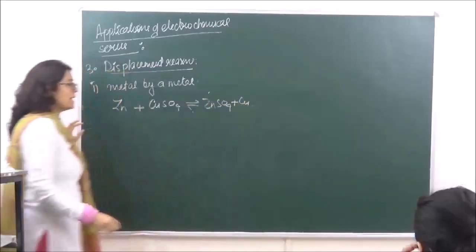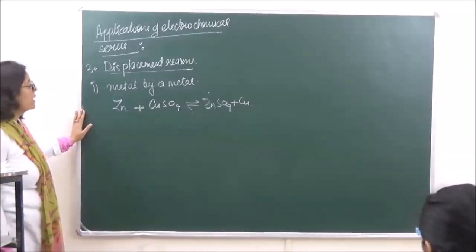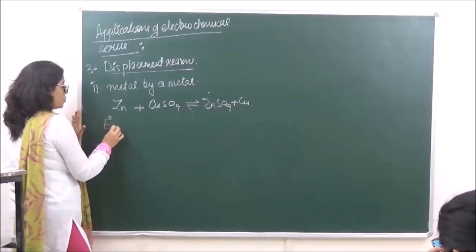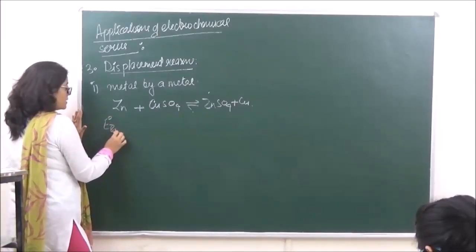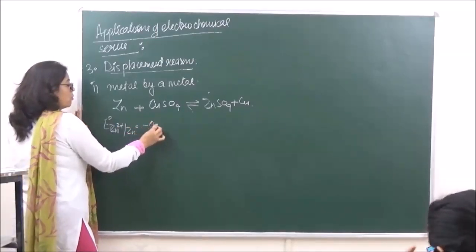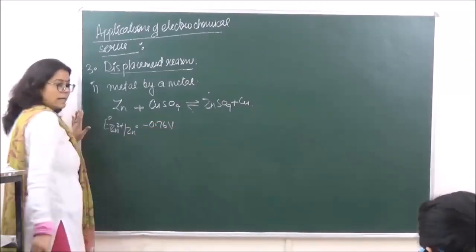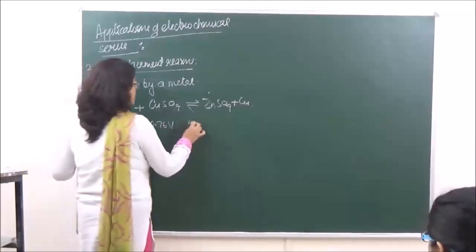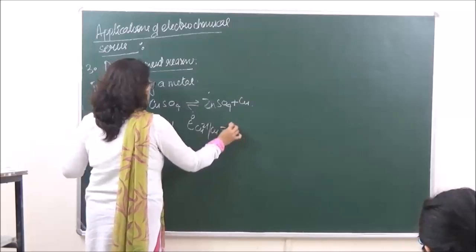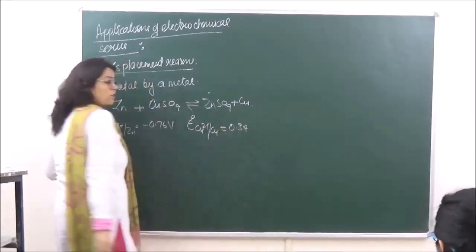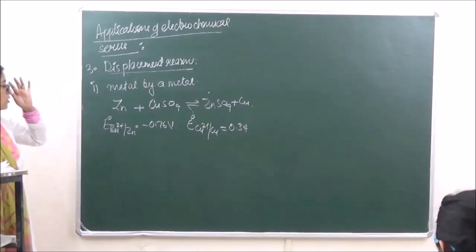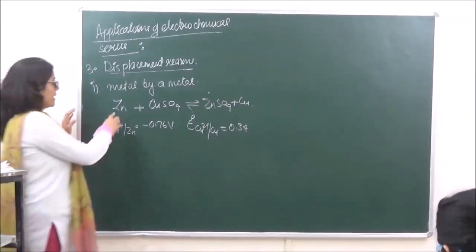This was the reaction of the galvanic cell. Now in this we know that the E0 value of Zn2+ to Zn is equal to minus 0.76 volt, right? And that for copper is 0.34 volt.